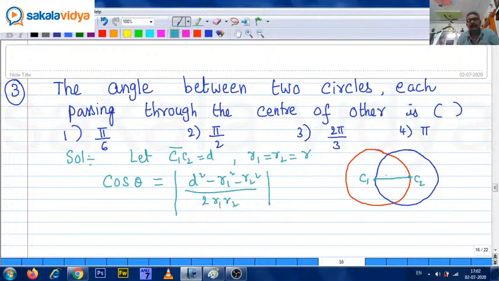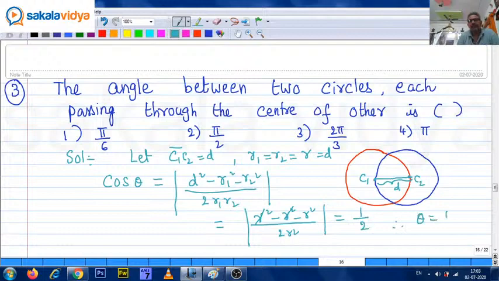It's clear that R is equal to D. Now substituting here, D² means R², so R² − R² − R² by 2R². R² cancels, we have 1 by 2. So theta is equal to 60 degrees, pi by 3.